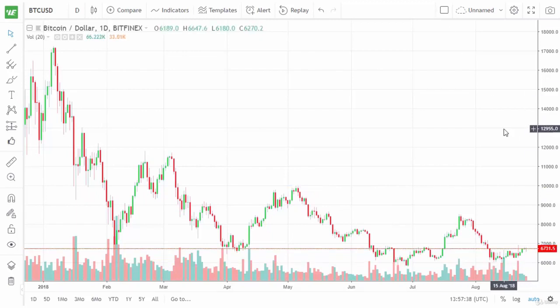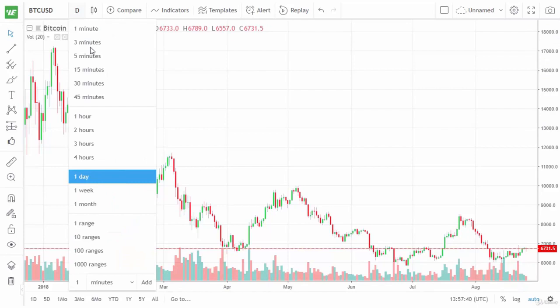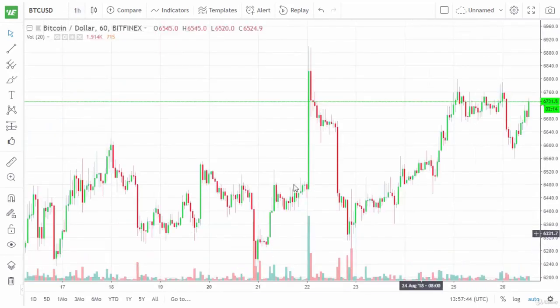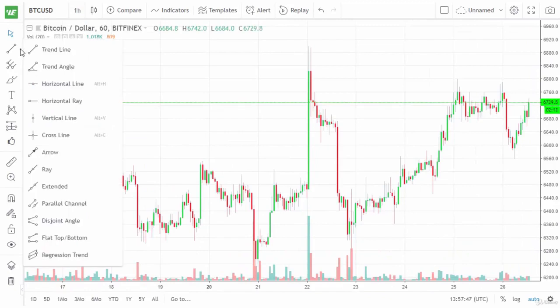So how do you draw support and resistance on one of these charts in TradingView? So let's go ahead and go to the hourly chart again. And if you remember, I had you drawing horizontal lines in the first video where I was talking about marking, and you can do it either a horizontal line or horizontal ray.